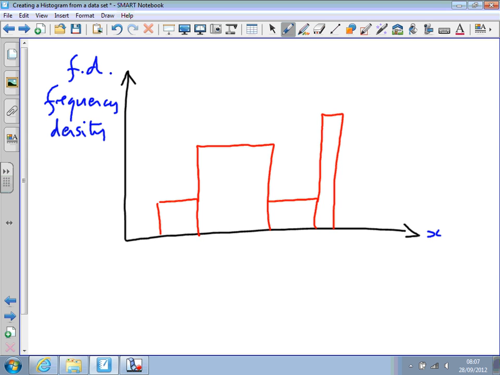And we tend to start each bar at the lowest value of the group, so that will be the lowest class boundary, LCB. This will be the upper class boundary from that group. In a histogram, there are no gaps in between the bars, so the lower class boundary of the following group, which is this large square here, must be the same as the upper class boundary of the previous bar.